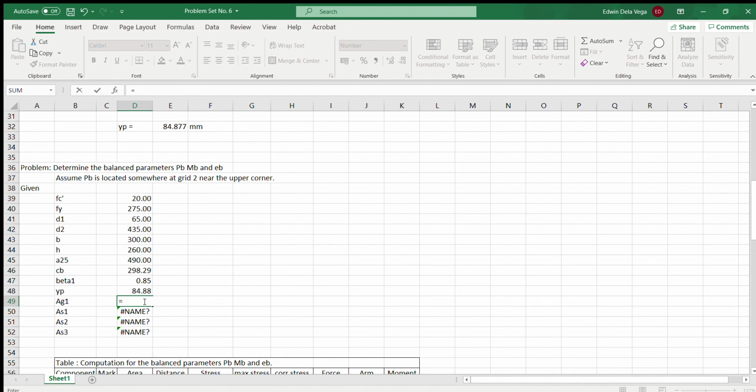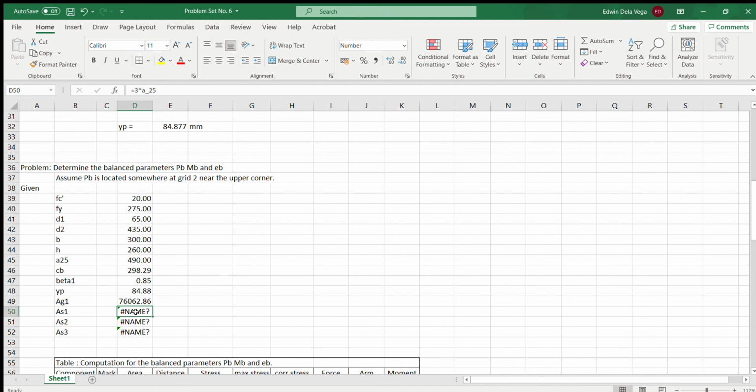Okay, so we know that the depth of stress block is simply beta 1. Okay, or we cannot use beta 1. So this is beta 1 times CB. Okay, CB. Okay, so multiplied by the width B. Okay, 300. So this is now your AG.